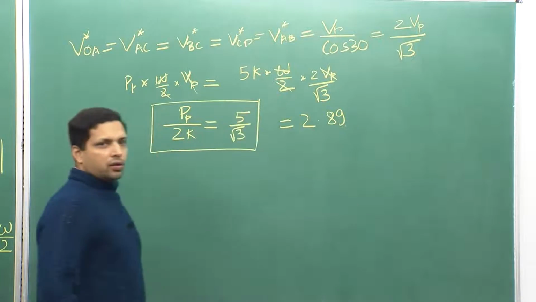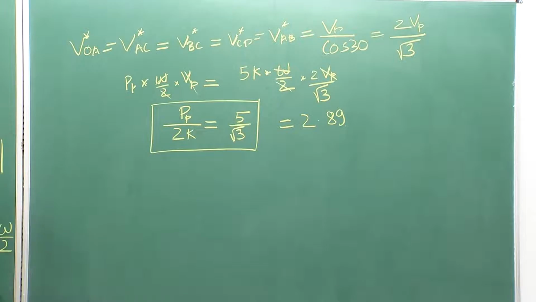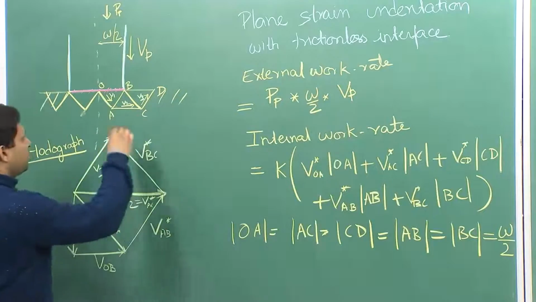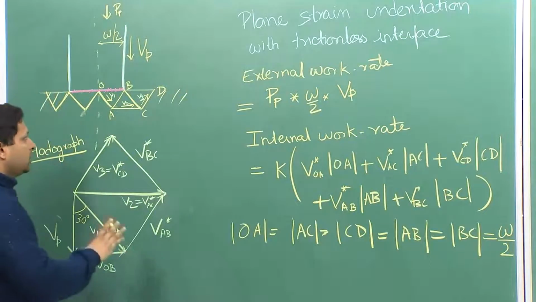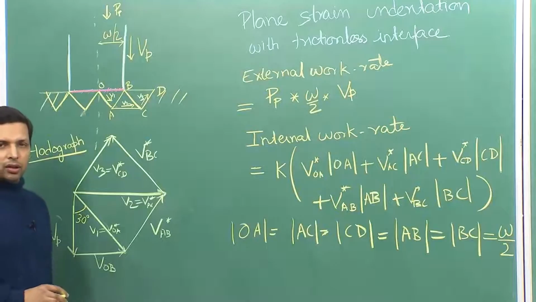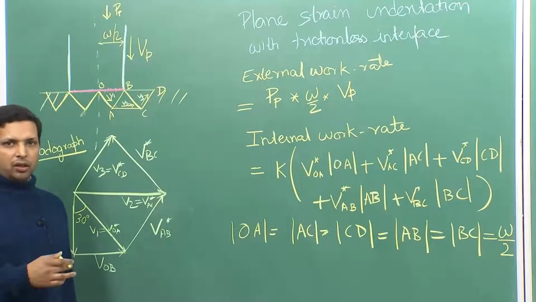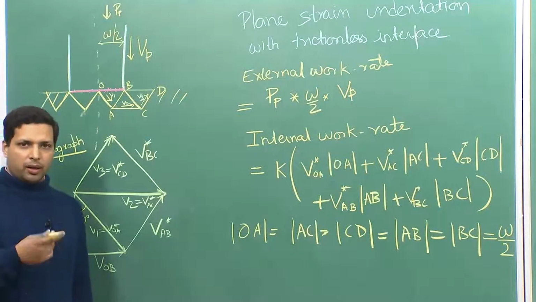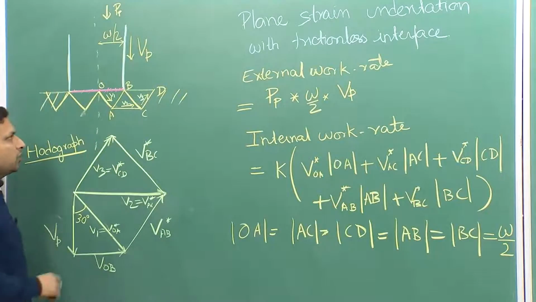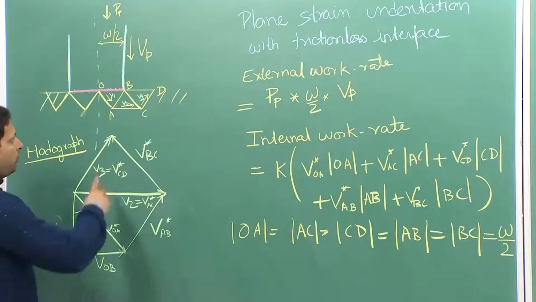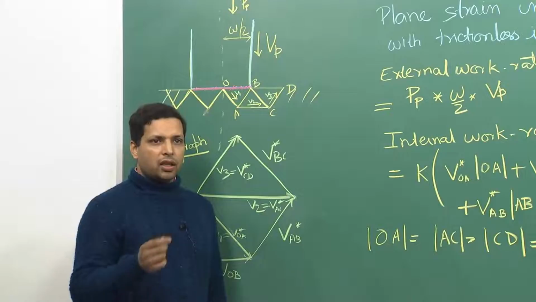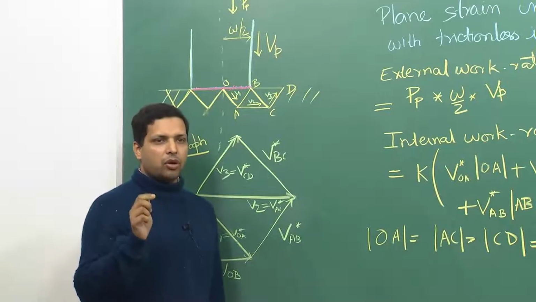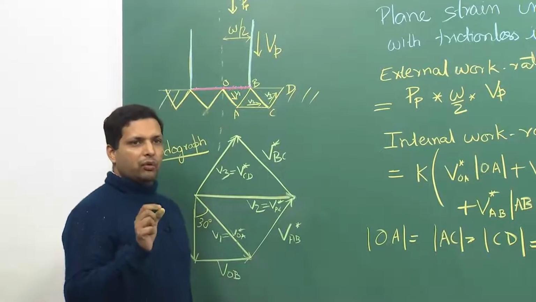Now, remember this is for one particular field. We could have taken different fields, like we said that in the upper bound analysis you assume a particular kind of deformation field or a collapse field, and based on that you calculate the internal work rate. And so, if you take different kinds of field, you may find different values, and we are interested in the optimum. You remember last time we talked about the optimum or best value of upper bound, which is the lowest.